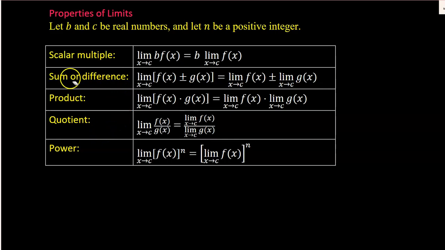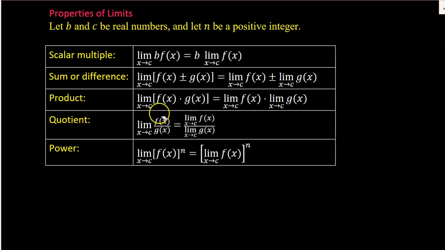Basically, if you have addition, subtraction, multiplication, or division, these properties tell us that we can take the limits of each part separately. So if I have the limit of something plus something, I can take the limit of each part separately and then add or subtract. If I have the limit of something times something, I can take the limit of each part separately and then multiply.